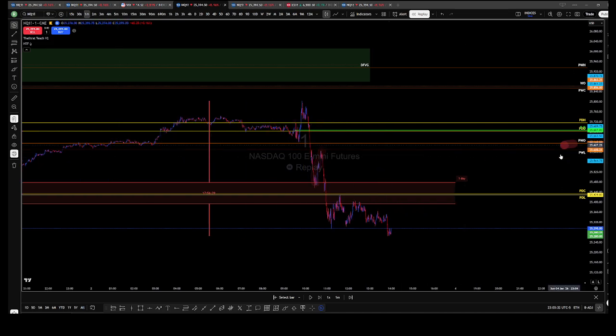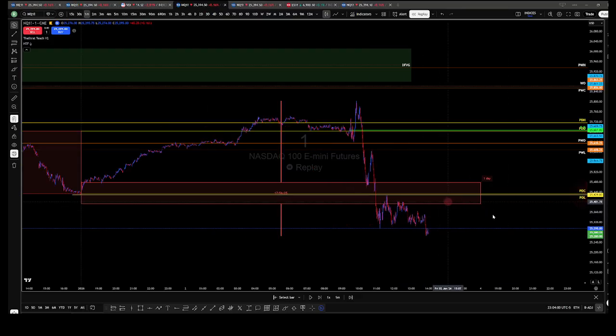And now if you see key price level points that are very visible, where the price retests, then you can take advantage of those moves.